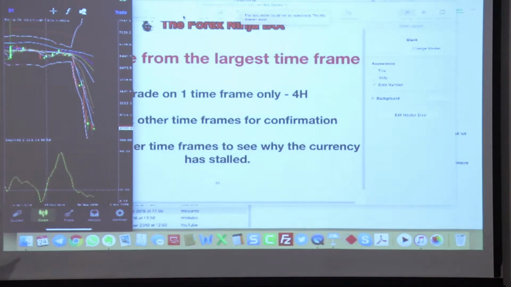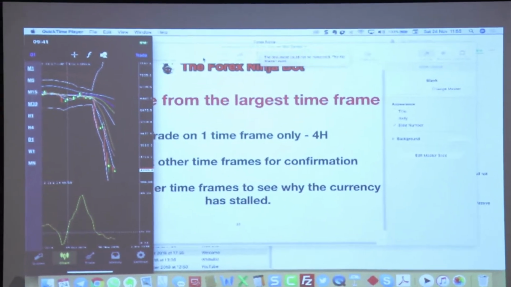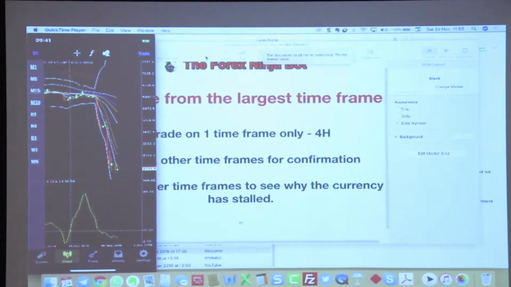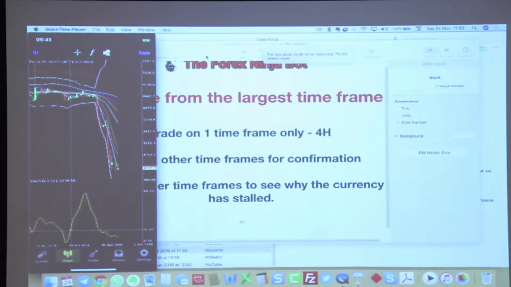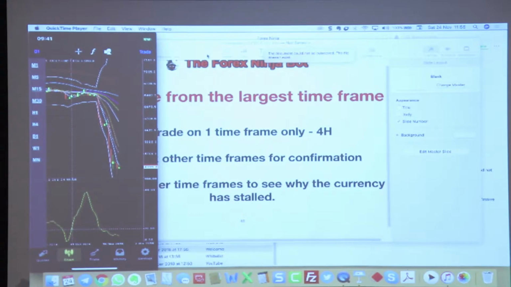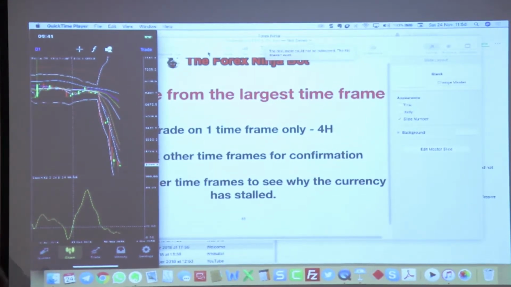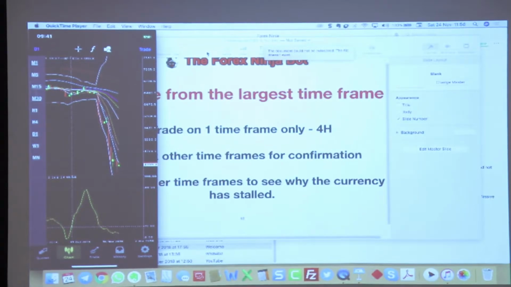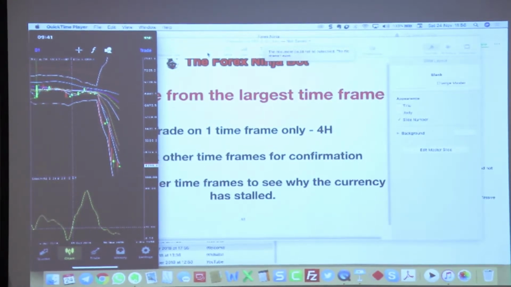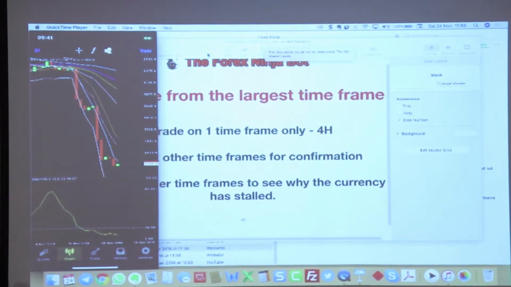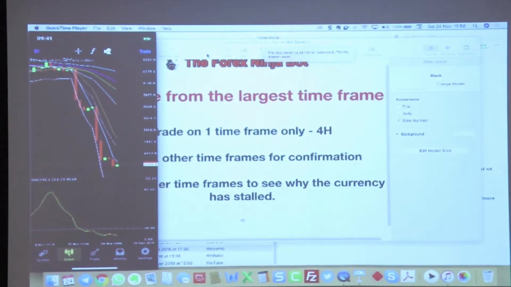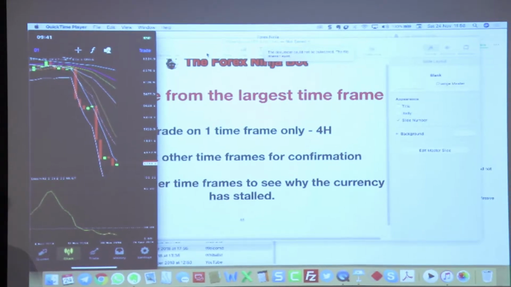If you click on the D1, it drops down a menu with your different time frames: day 1, H4 is 4 hour, H1 is 1 hour, M30, M15, M5, and M1, those are your minute charts. So you always start from the highest time frame first to get an idea of what's happening over a period of time, so that you can see what potentially is going to be happening with that currency.